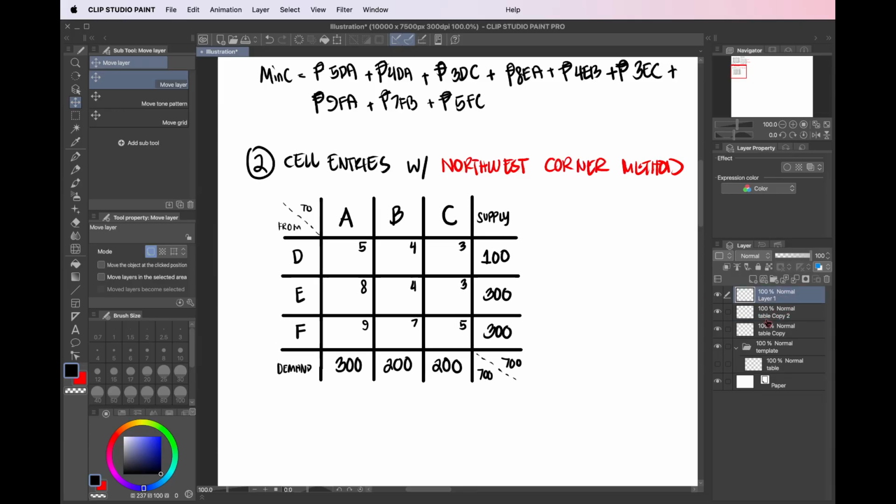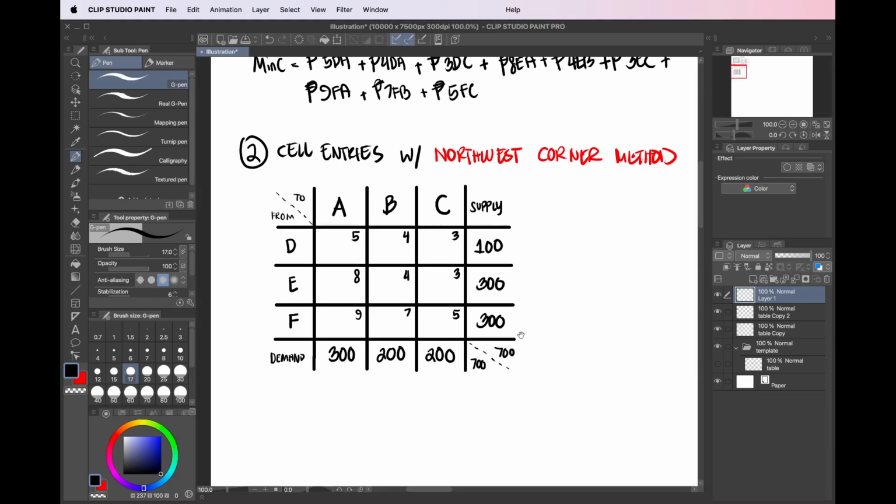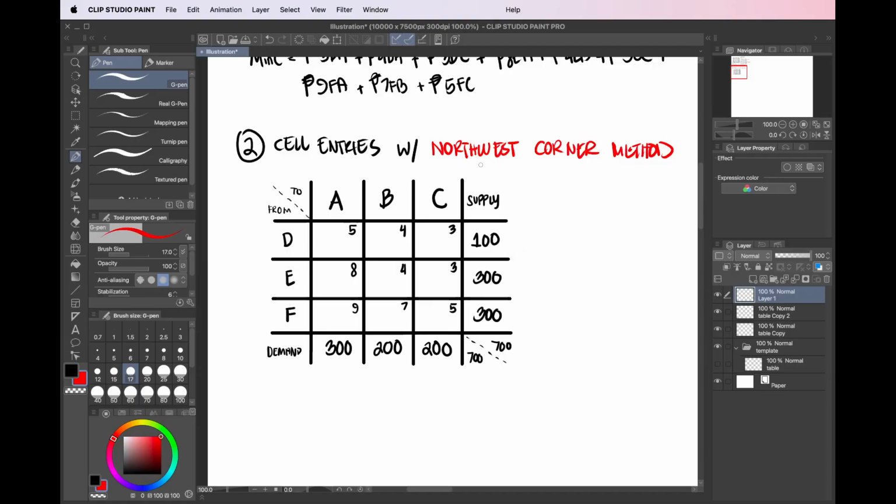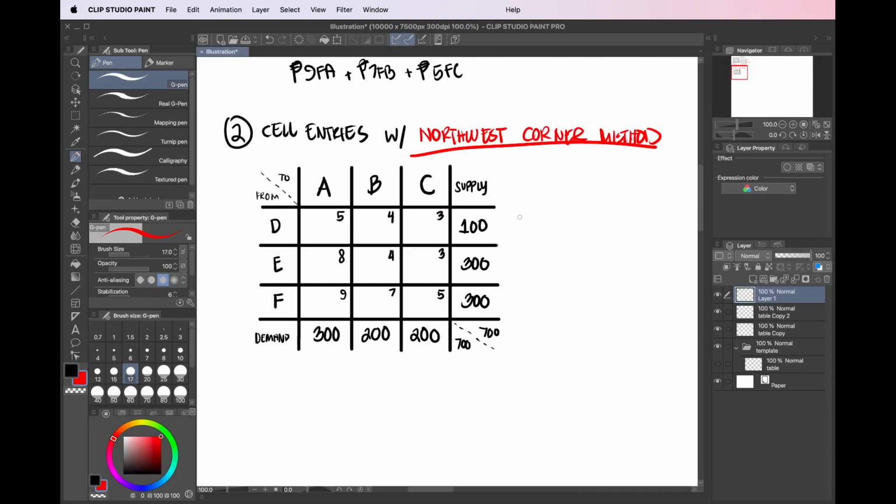Alright. So after we have this here, how it would work is we go to the northwest corner. Northwest corner, so north and then west, right? So basically, let's go into the topmost left corner.